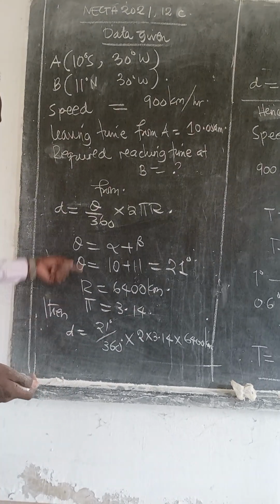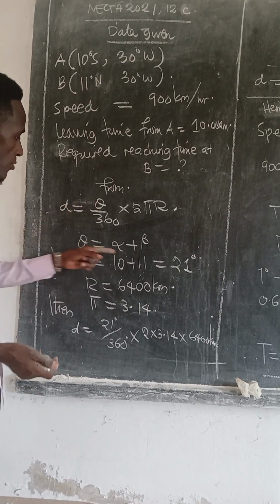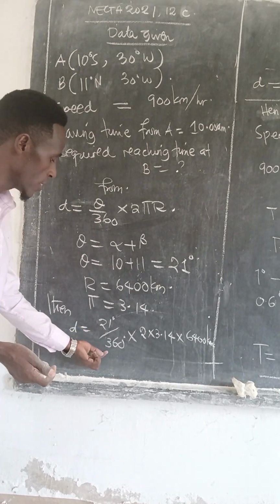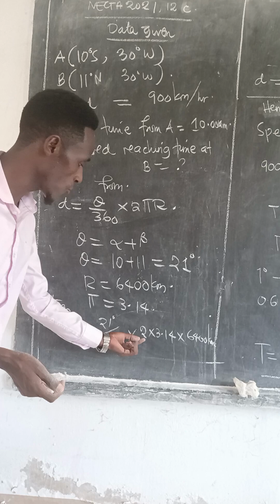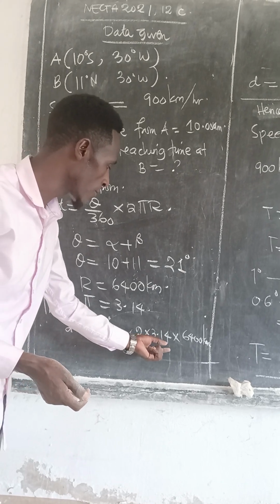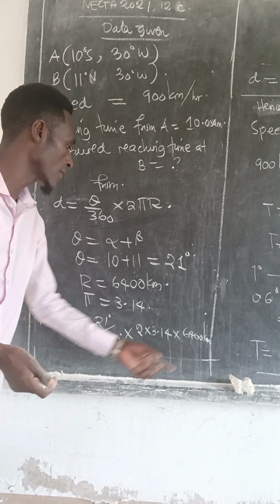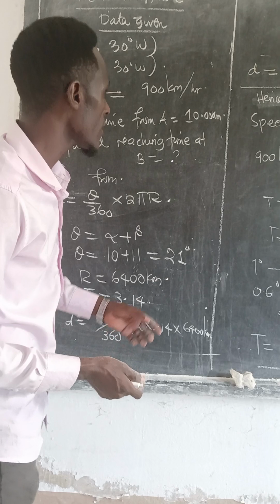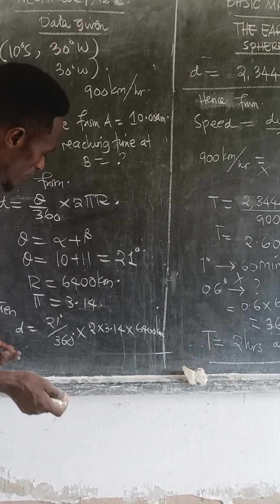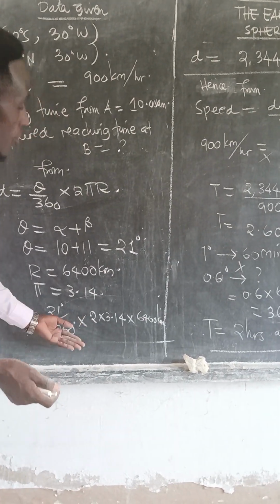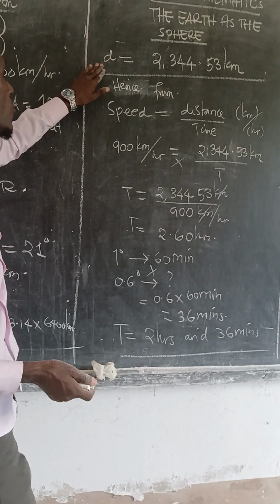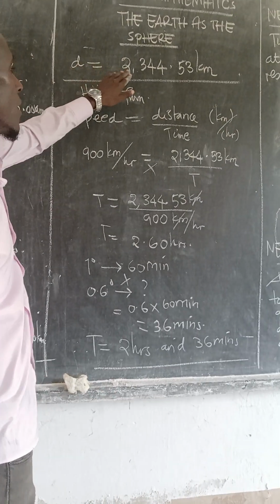From the distance formula, put theta as 21 degrees over 360 times 2 times 3.14 times the radius in kilometers. When you calculate on your calculator, you will find the distance.